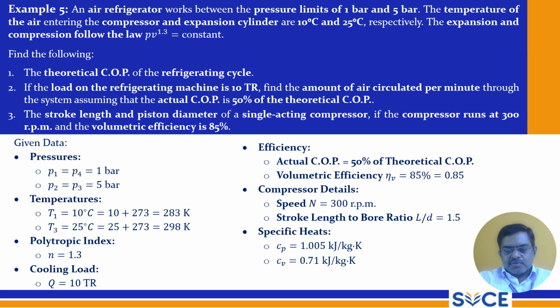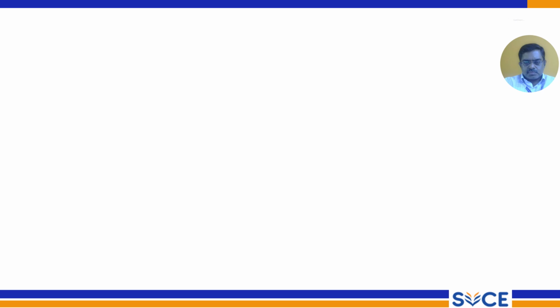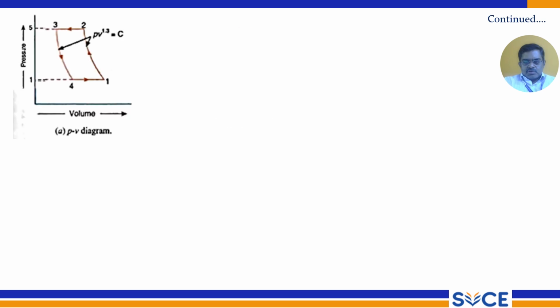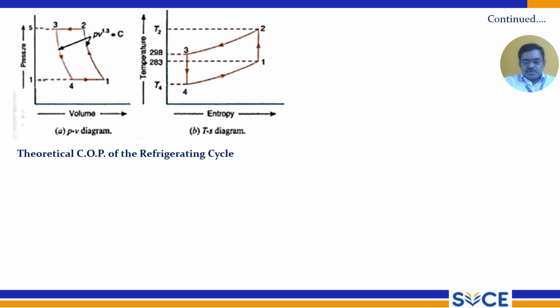From here, we can find these 3 tasks. This is the PV diagram, where T1 is 283 and T3 is 298. PV power 1.3 equal to C is applicable for both isentropic expansion as well as isentropic compression.